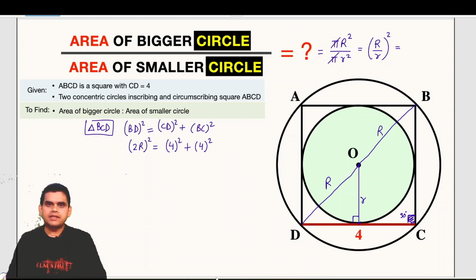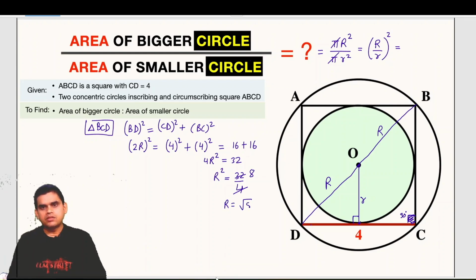Each side of the square is the same. So 4 square is 16 and plus 16 is 32, and this will be 4 capital R square. So capital R square will be 32 over 4, that is 8. So R will be square root of 8.